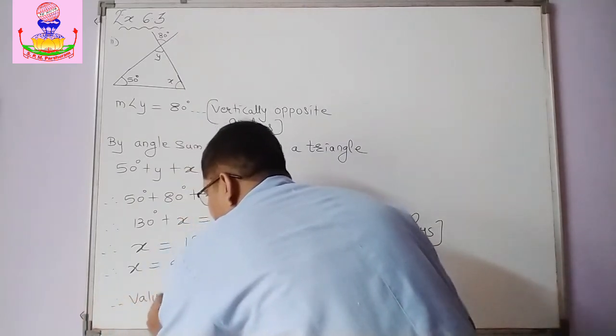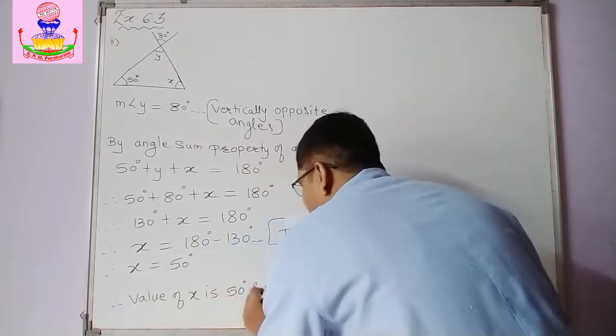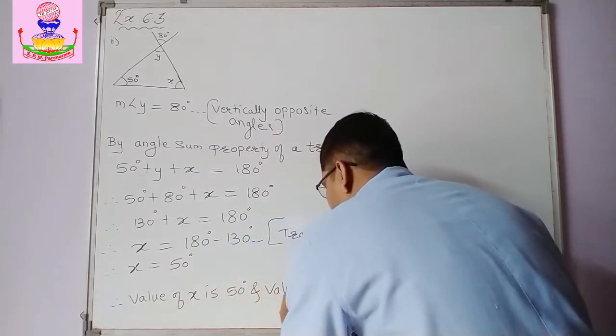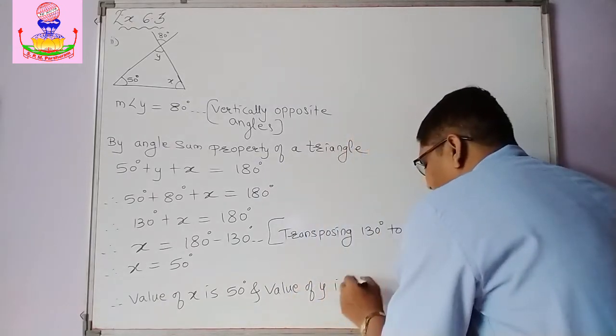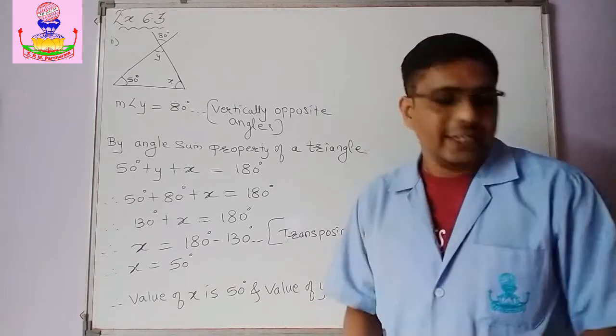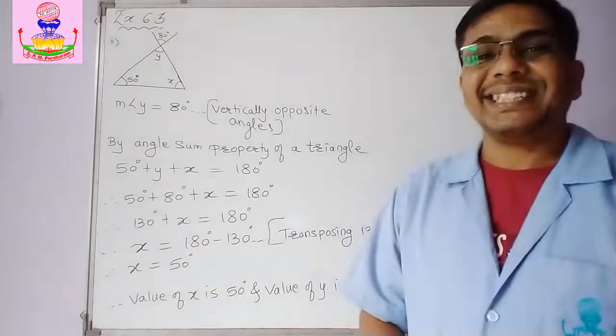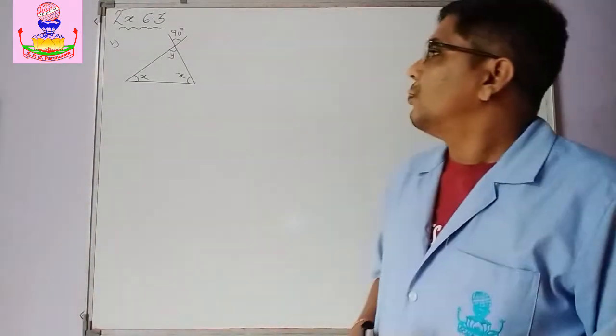Okay? So, therefore the value of X is 50 degrees and the value of Y is how much? 80 degrees. Do you get it? Okay? Now, let's move to the next example.